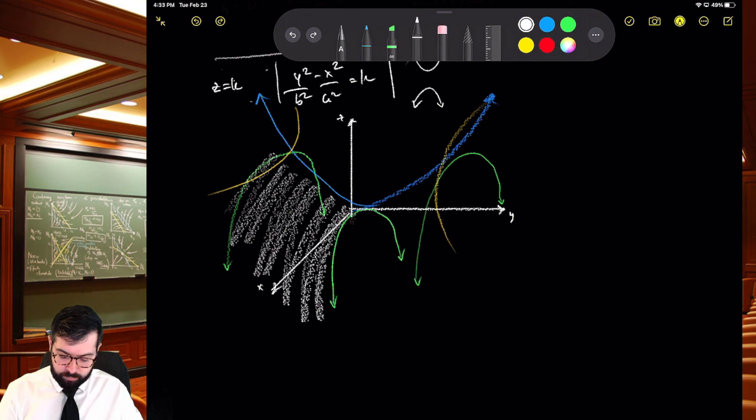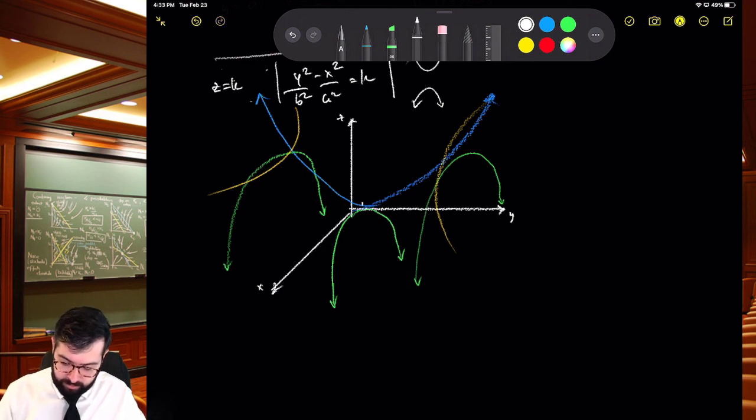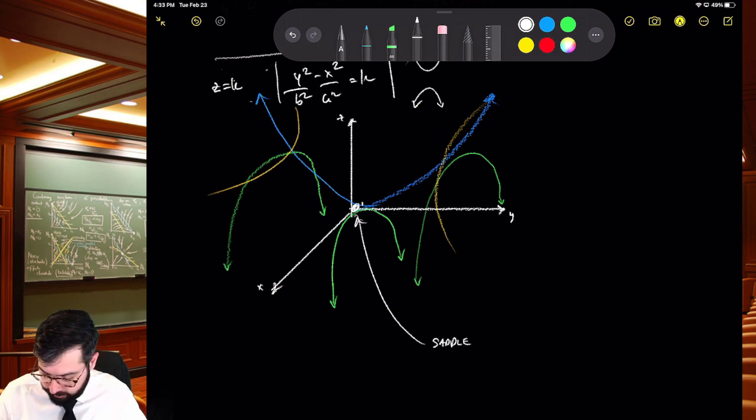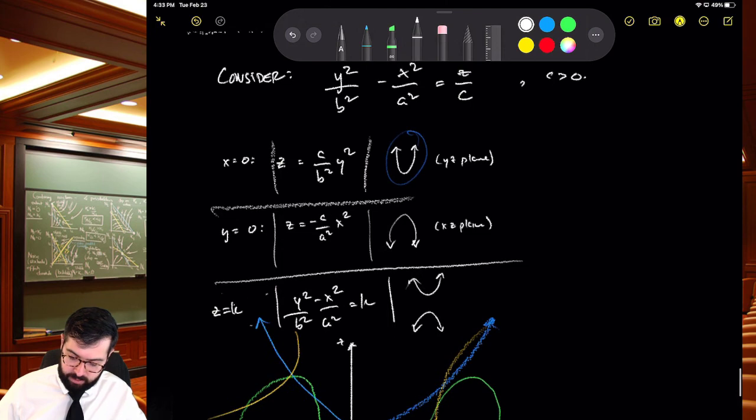So what this is called in the center here, this is called the saddle point. Talk about that in a second. But this whole shape is called the hyperbolic paraboloid.